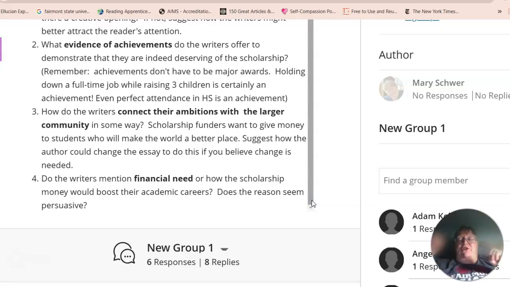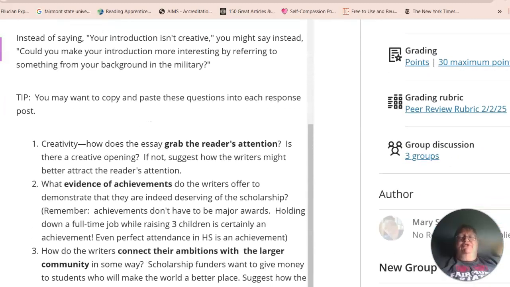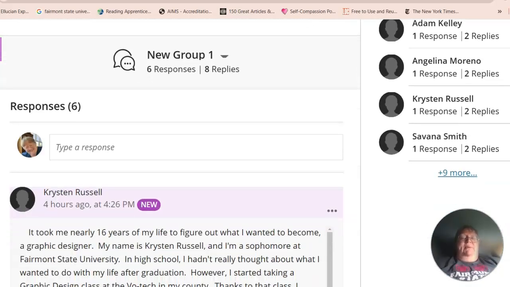So if you have financial need, don't forget to mention the degree to which you have financial need. If, on the other hand, financial need is not your main reason for seeking a scholarship, then you could even leave that one out. Anyway, hope that gives you some ideas about how to complete your scholarship application.